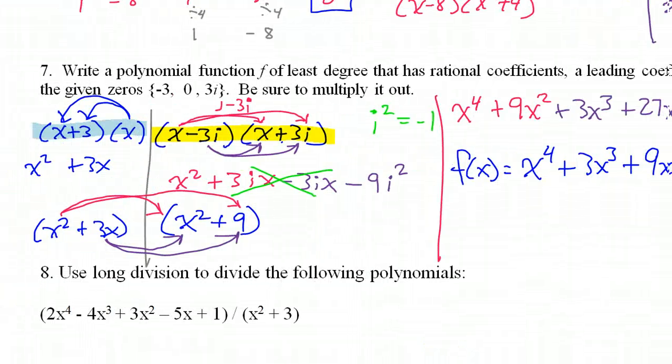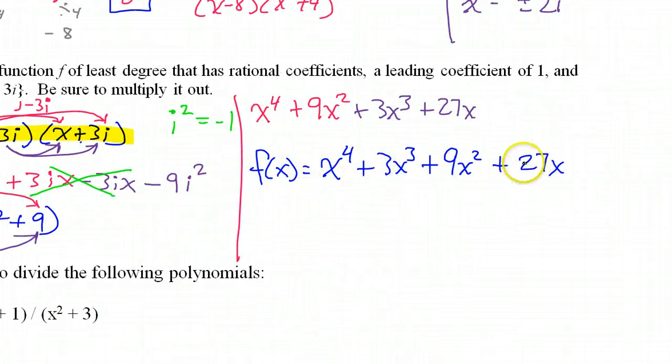Alright, I feel like I messed something up. Alright, no, maybe that's it. That's what it is. No, I think that's just what it is. Okay, so there you go. This is the polynomial. This is the final answer.